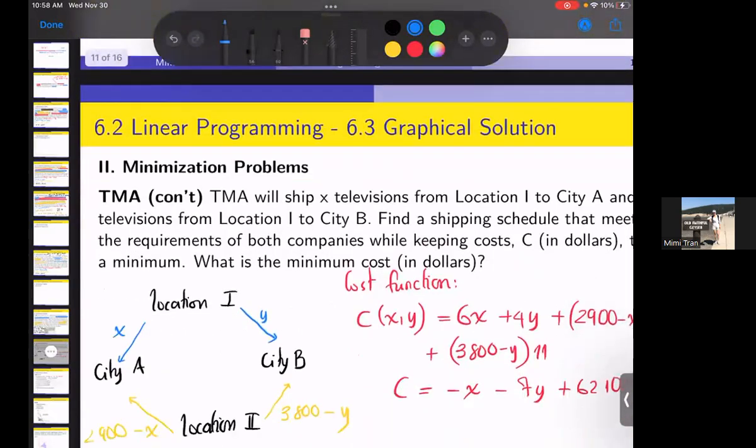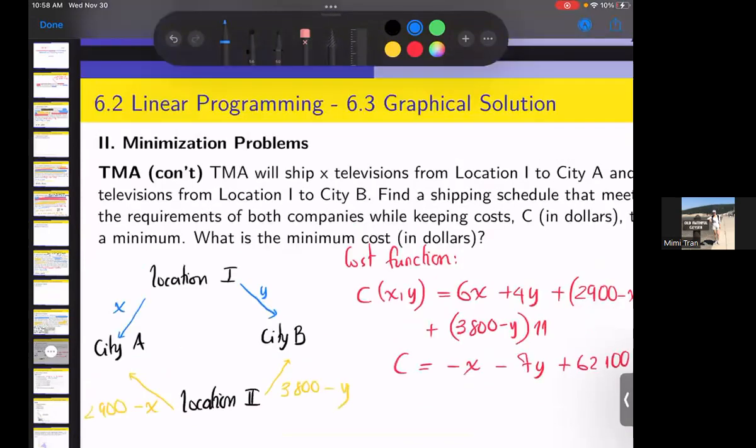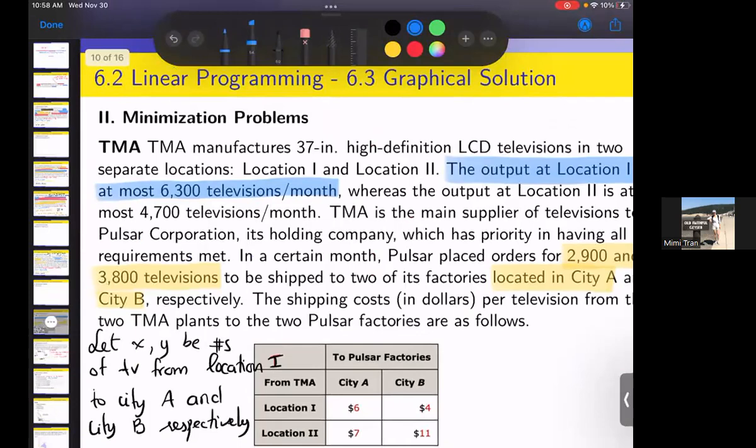How many TV are being made in location two? Oh, come on. You look at the diagram. You can tell me. How many TV are being made in location two? 2,900 and 3,800, right? And added up it has to be what? At most 4,700.